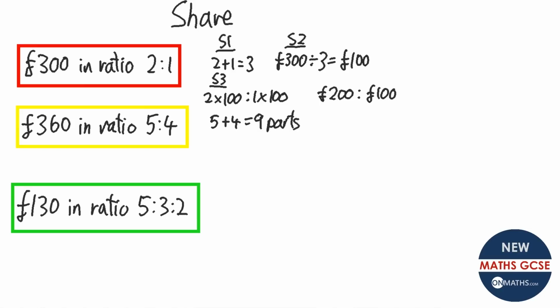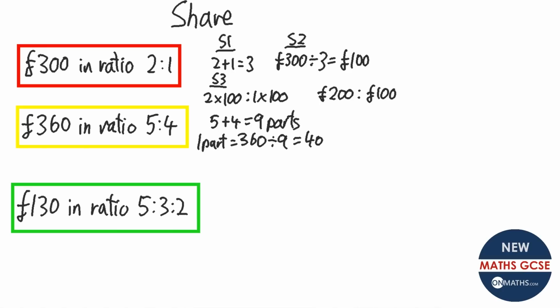So each part is going to be worth 360 divided by 9, and that's 1 part. 36 divided by 9 is going to be 4, and so therefore 360 divided by 9 is going to be 40.